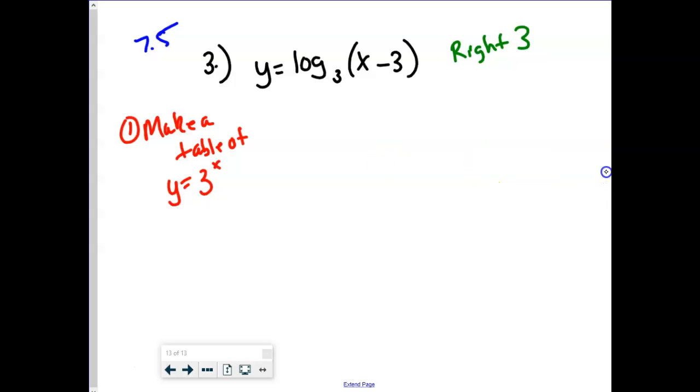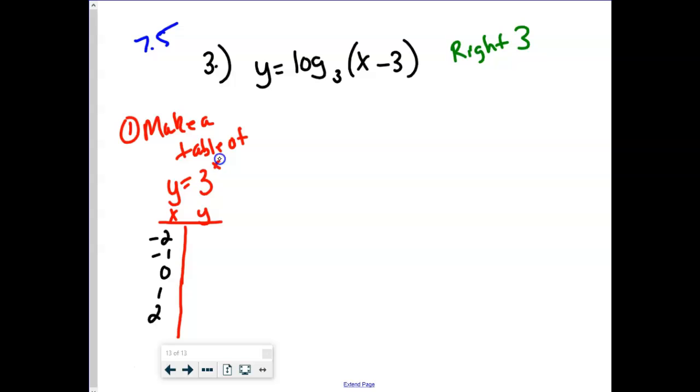So I don't really know what happens with a logarithm base 3, but I'm totally good at interpreting 3 to the x power. So if I make a little table for 3 to the x power, I plug in my favorite x values, which generally are -2, -1, 0, 1, and 2. And again, without a calculator, so this is something that you will have to do on the test.